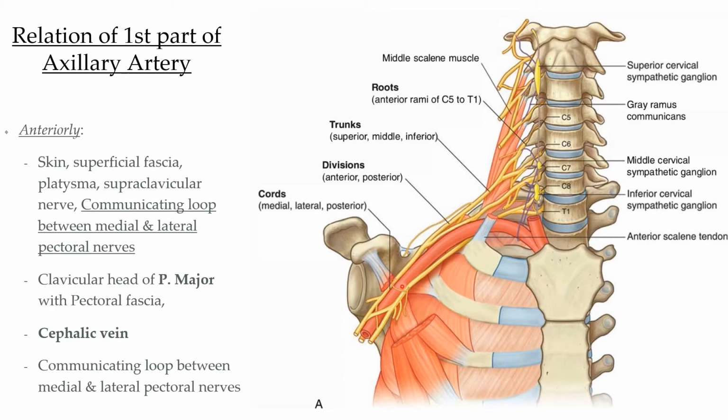So to summarize, the first part of the axillary artery is related anteriorly with the pectoralis major muscle covered by pectoral fascia, superficial to which we have superficial fascia having platysma and supraclavicular nerve, followed further superficially by the skin. Along with that, we have the cephalic vein and the communicating loop between the medial and lateral pectoral nerve.